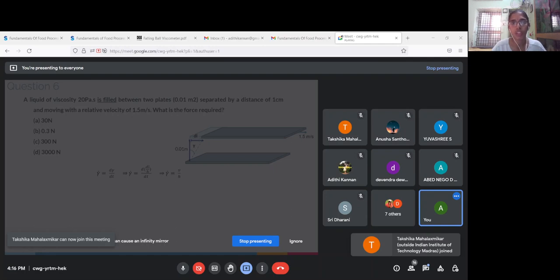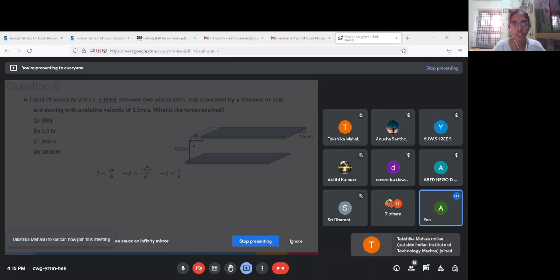Okay, so tan gamma, which is equal to the shear strain, is dl divided by 0.01 meters, which is your height between the plates. If you want the shear rate, that is gamma dot, that is equal to d gamma by dt. I have said here gamma is equal to dl divided by h.